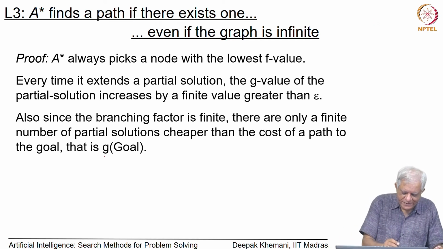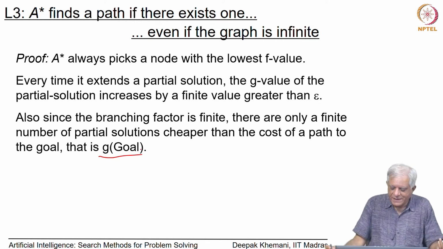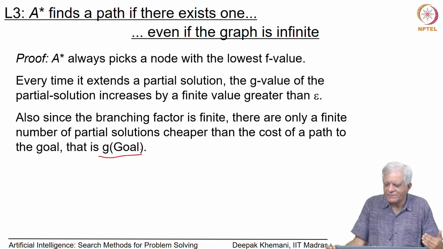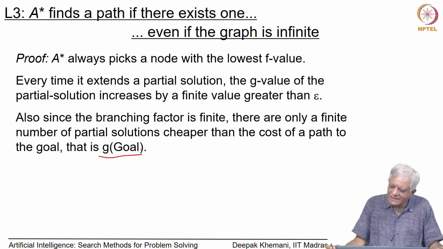This is what we are interested in, this g of goal. There will be only a finite number of such paths because the branching factor is finite, and because we can never have, as we discussed earlier, an infinite path whose cost is less than g of goal.